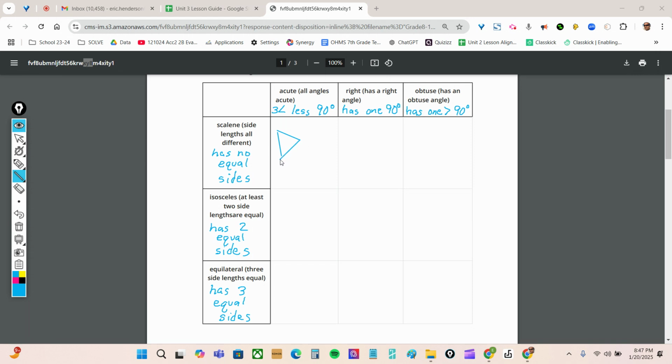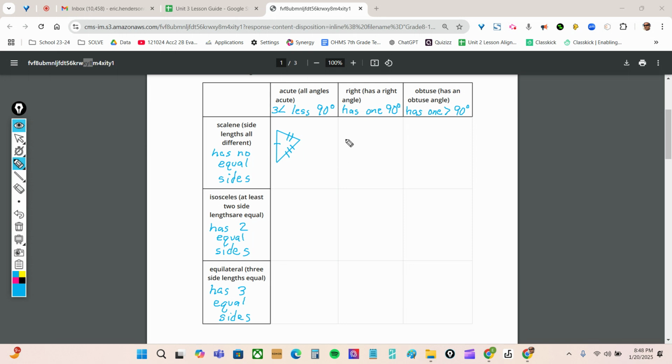So say this is this length, this is this length. I put two little lines here, and three lines here to indicate that each of these is a different length, and they're all less than 90. So something like that.